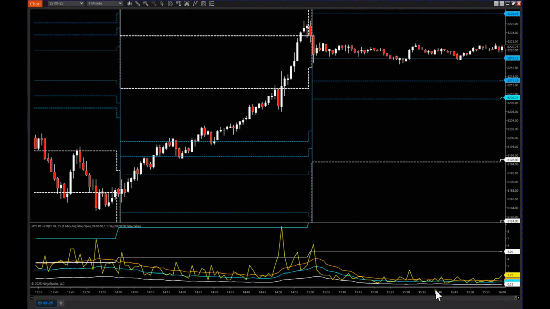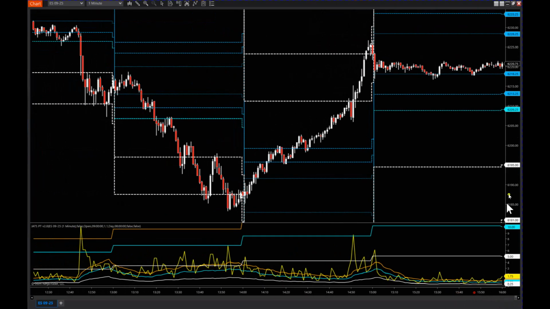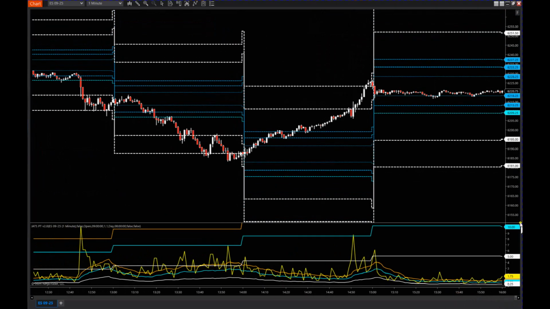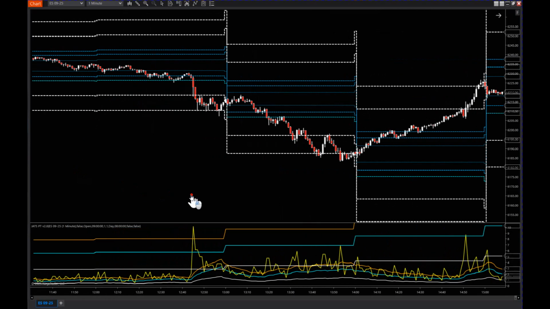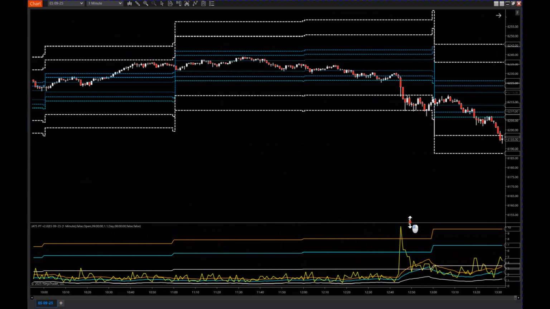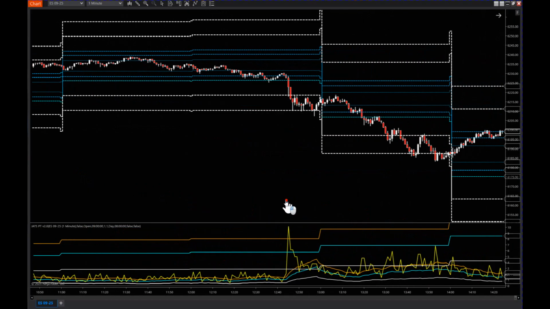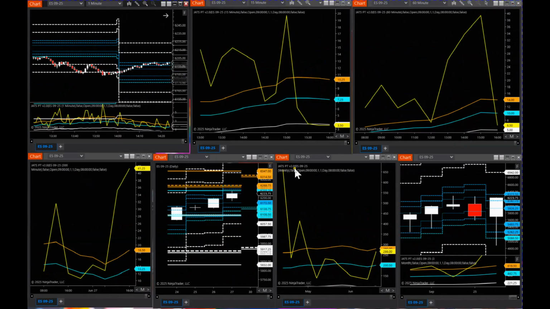Otherwise, like I said, you're inside the 60-minute range. And they are very algorithmic. They trade these ranges, 60-minute range. And there's also that 300 range, which is right here.